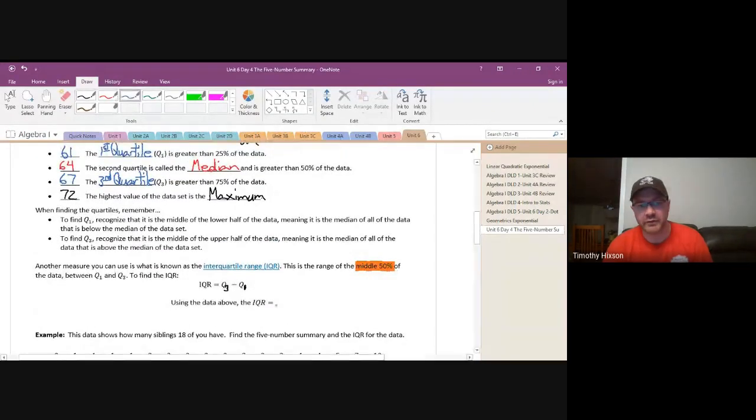So I write that down, 67 minus the first quartile, which is 61, and that would equal 6. So my IQR is 6. Now that tells us a couple of different things. It's the range, it's how big of a spread there is from that 25% mark up to the 75% mark. It's also something that we'll use later on to help us identify what we call outliers.